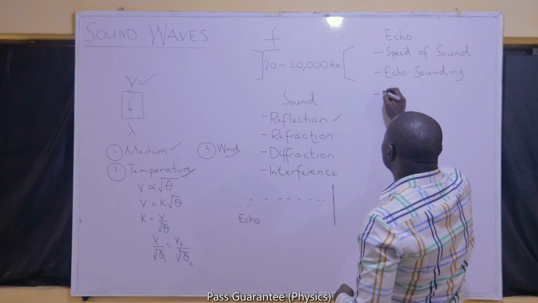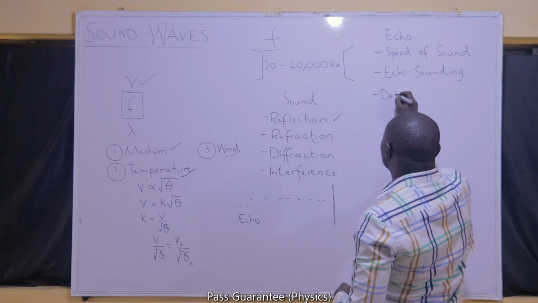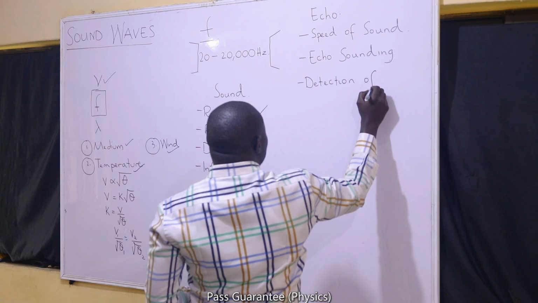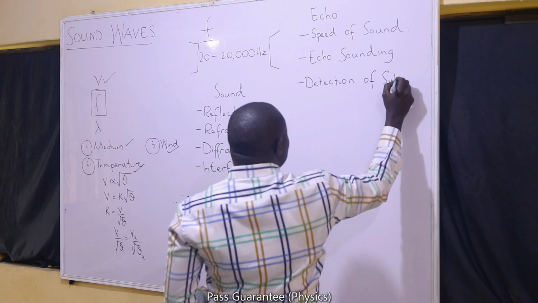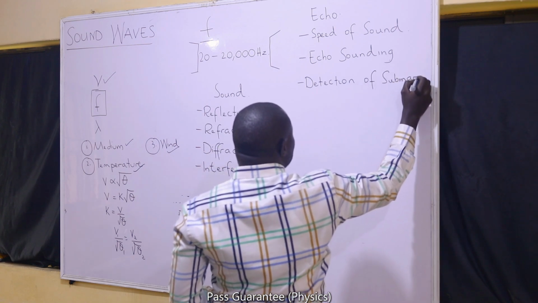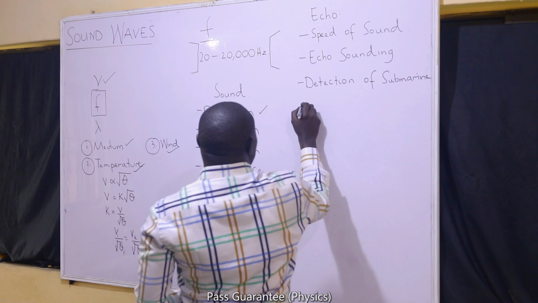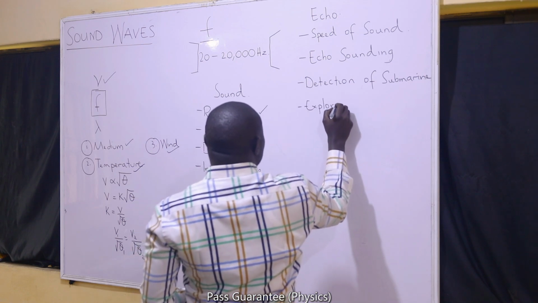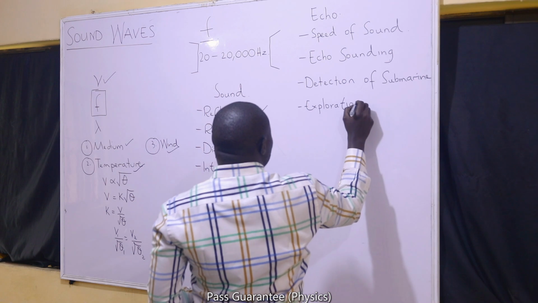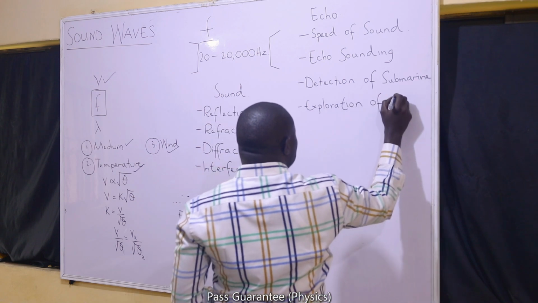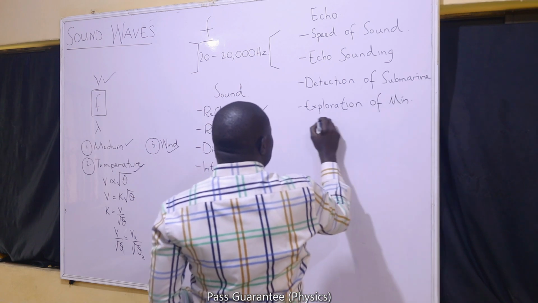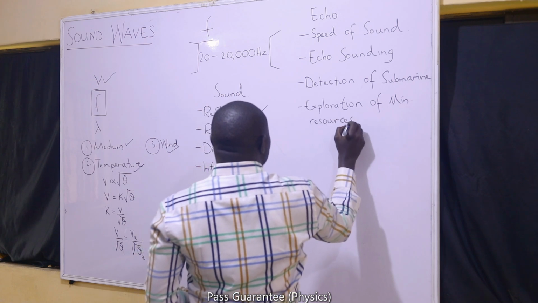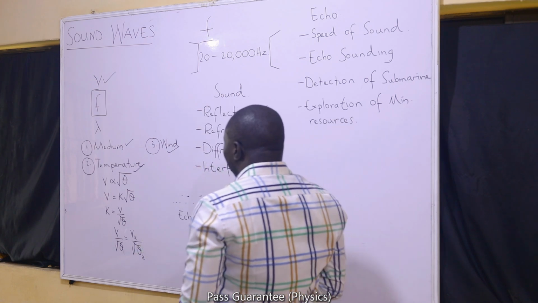And there's the detection of submarines in war zones. And sound can also be used for the exploration of mineral resources in different regions of the world. We are going to try to talk about the two most important aspects for this course.